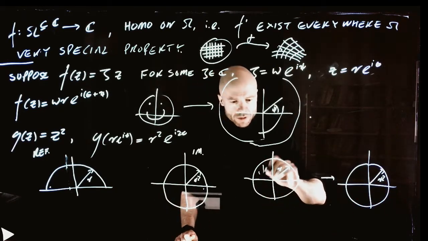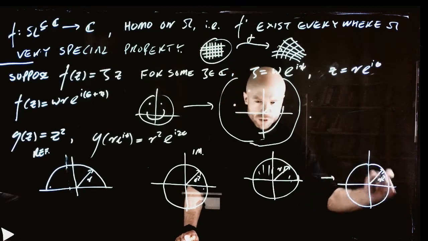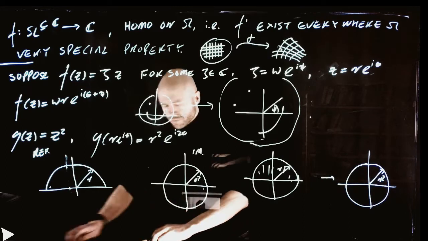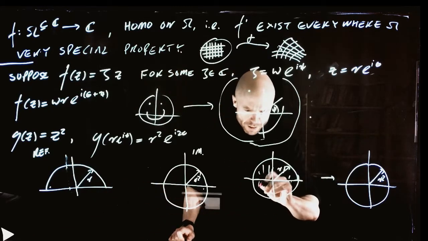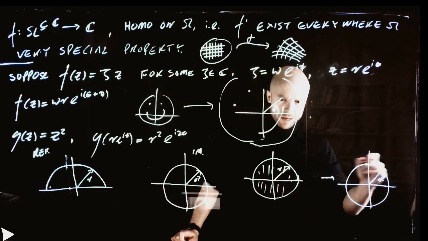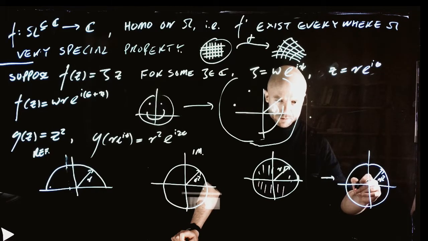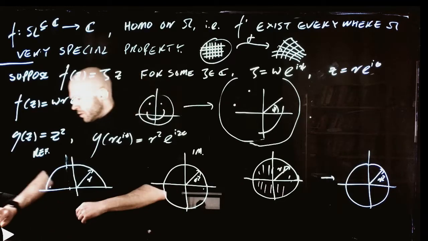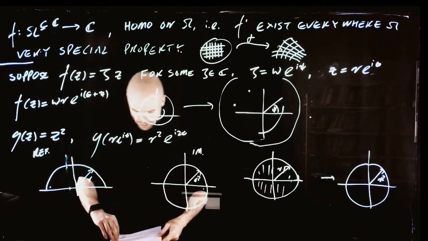This upper half gets mapped all the way around, and then this lower half right here gets mapped all the way around again. So we are wrapping twice around the plane. Let me see if I can make a model of this.